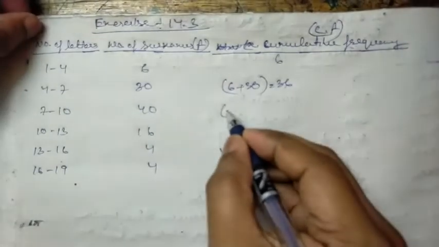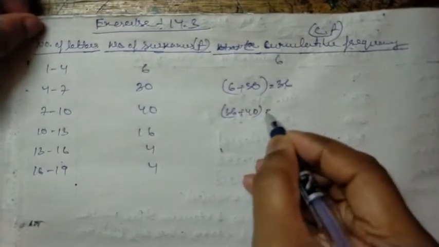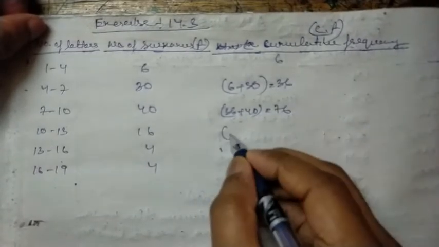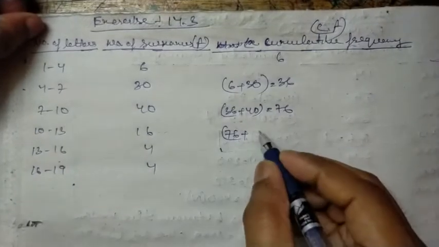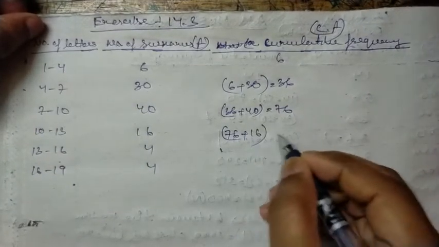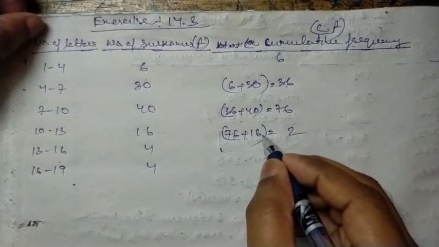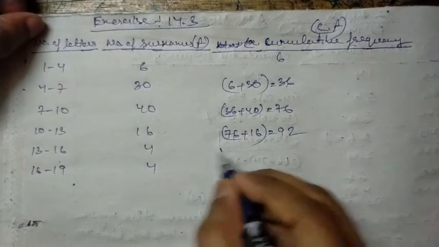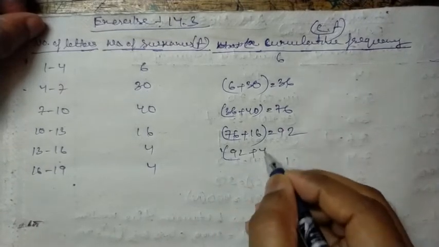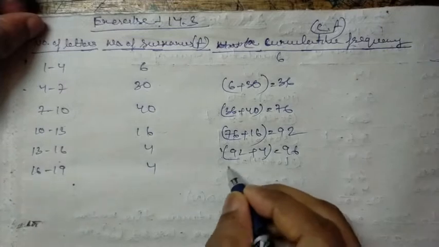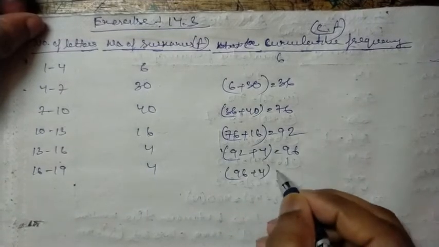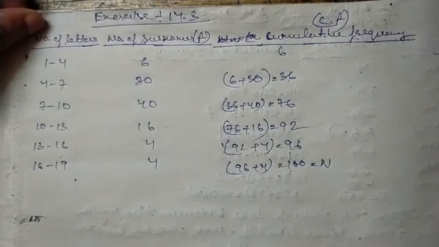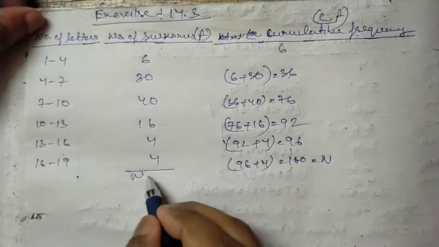Again 36 plus 40 is 76. Again we add 16, and we get 92. Again 92 plus 4 is 96. Then 96 plus 4 is 100. So we got n as 100.